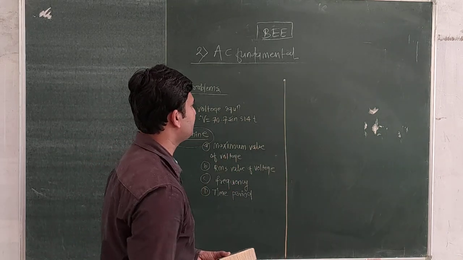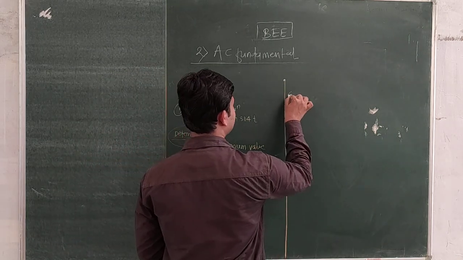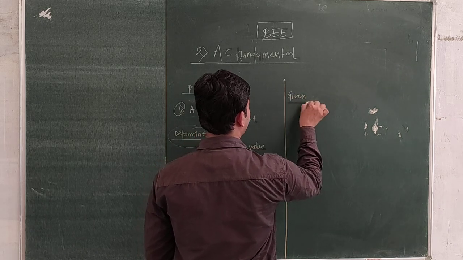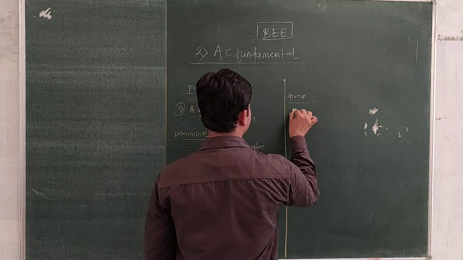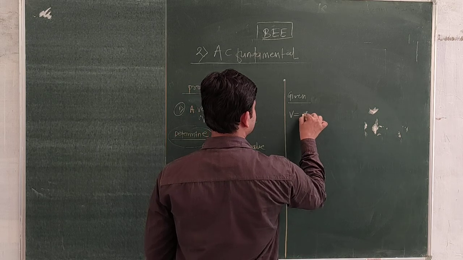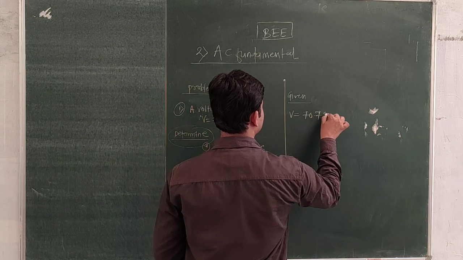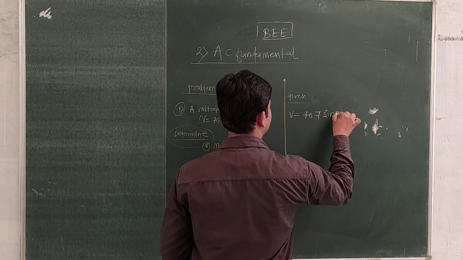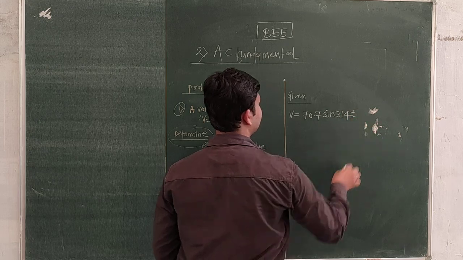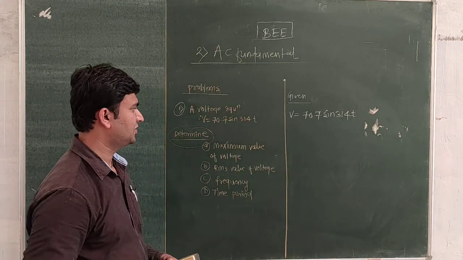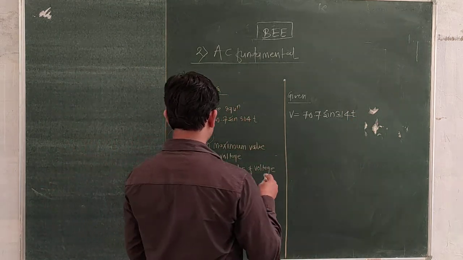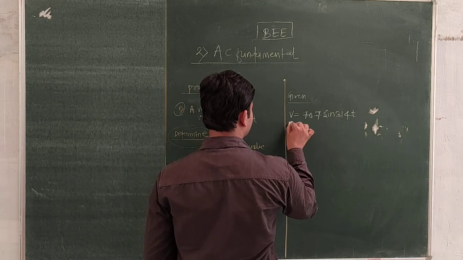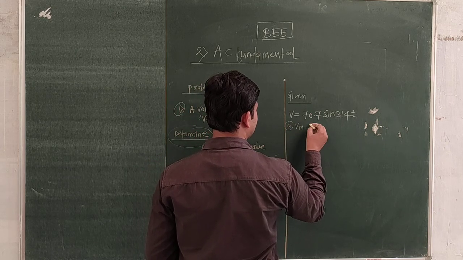So we will first write down what is given. Here the equation is given, that is V is equal to 70.7 sin 314 t. This is the given. So what do we have to determine? First, the maximum voltage.